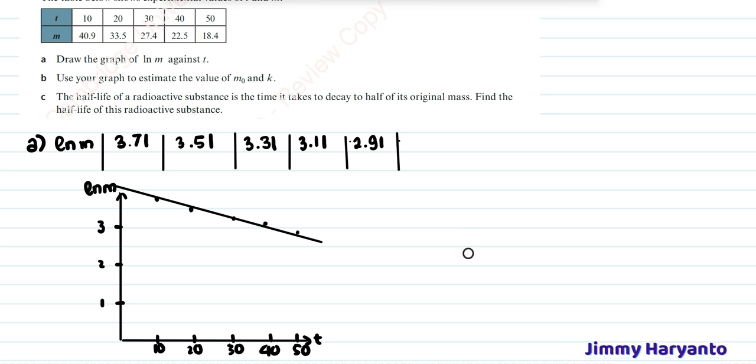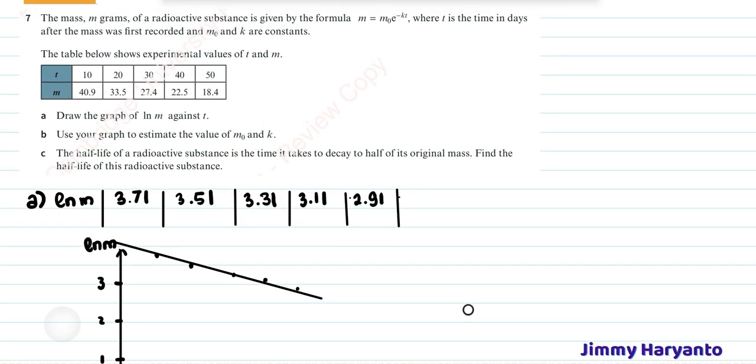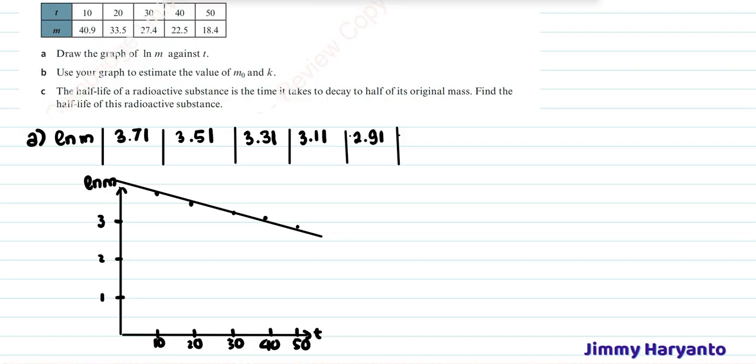Yeah, and then use your graph to estimate the values of m0 and k. m0 is taken from the original equation, so we have m equals m0 times e to the power of negative kt. So we'll do the steps. The first one is to choose 2 points.